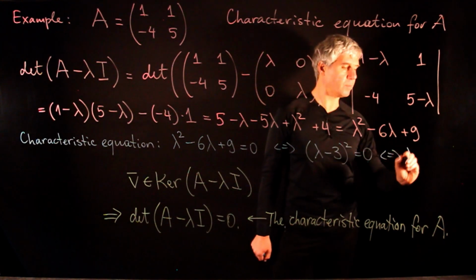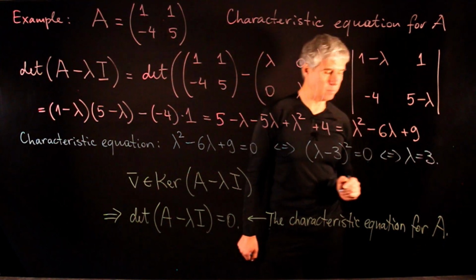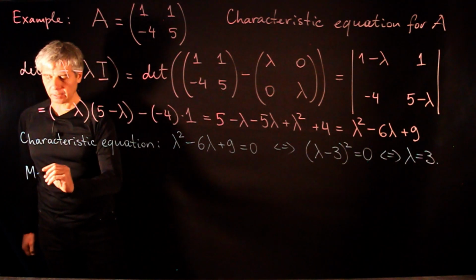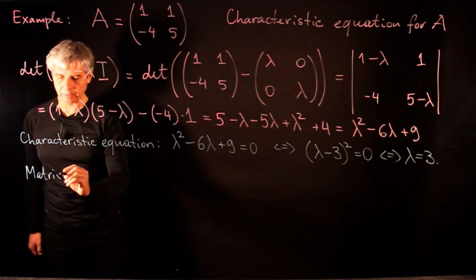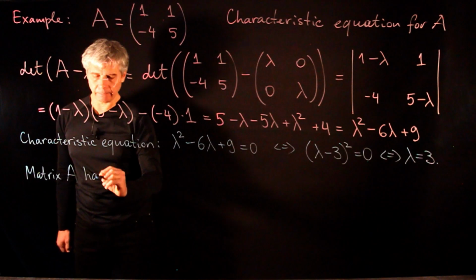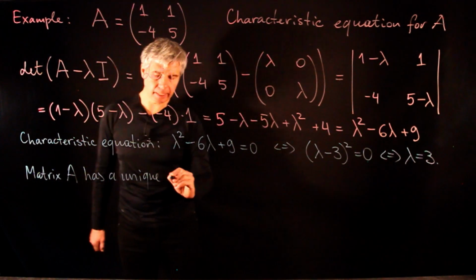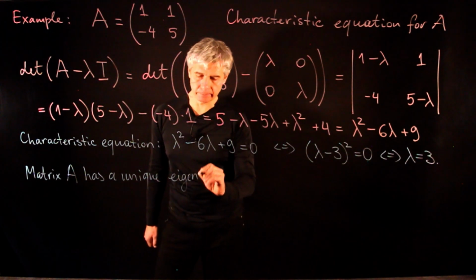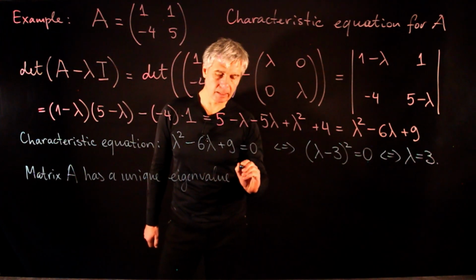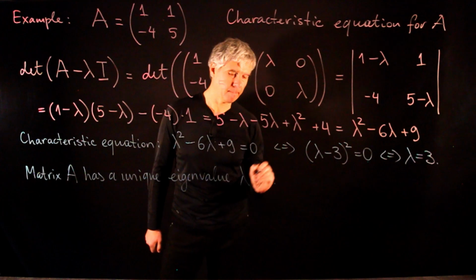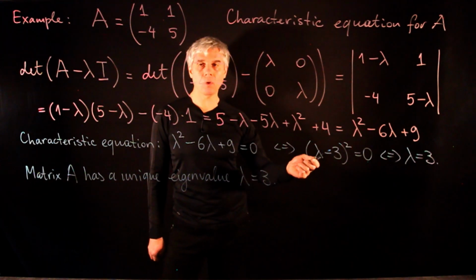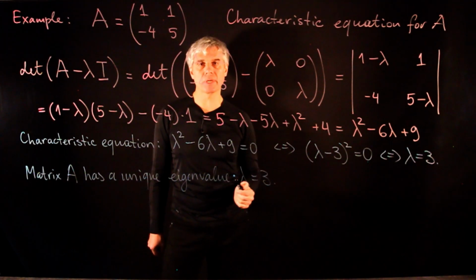We see that lambda must be equal to 3. This tells us that matrix A has a unique eigenvalue lambda equals 3, because 3 is the only root of the characteristic equation.